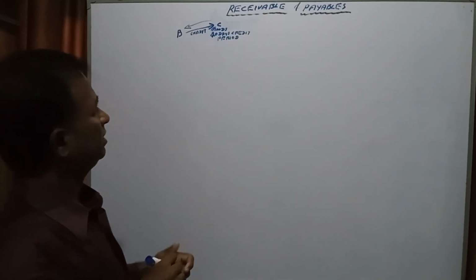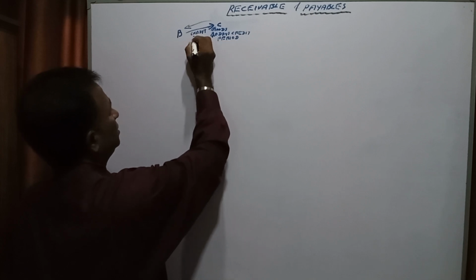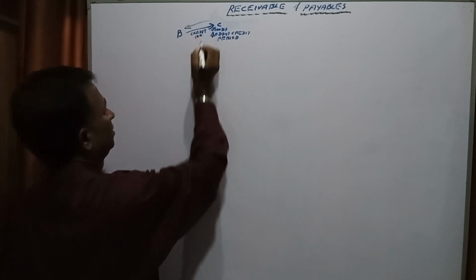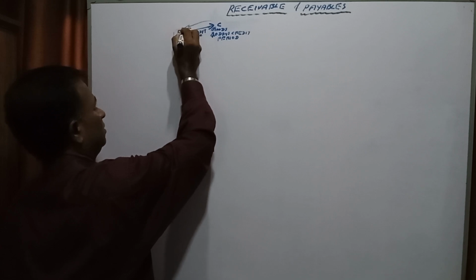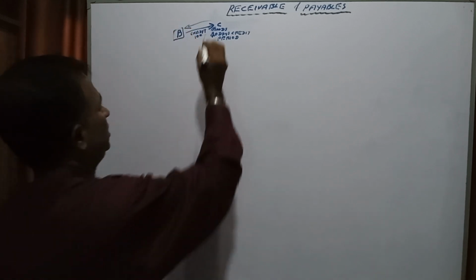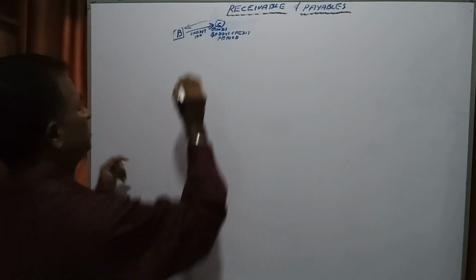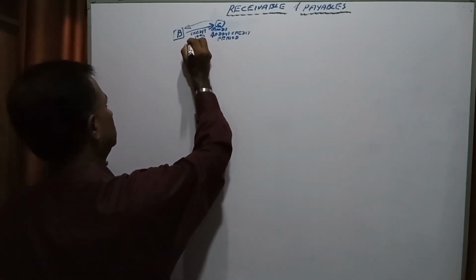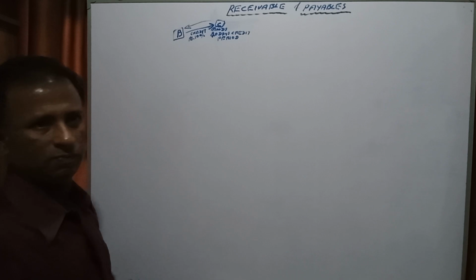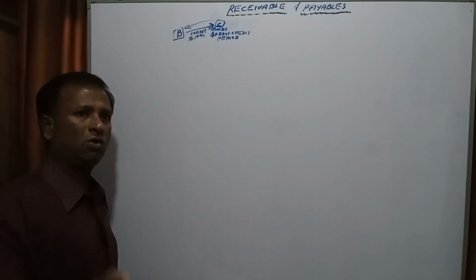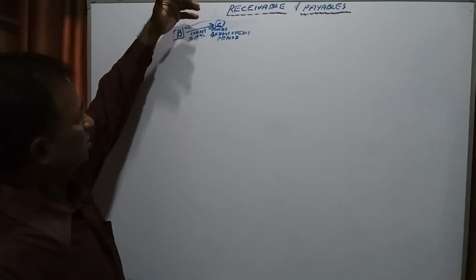He will settle this amount for 40 days. The amount is 100 rupees, for example. B issued 100 rupees worth of goods to C on credit. The credit period is 40 days. After or before the 40 days, he will settle this credit of 100 rupees.